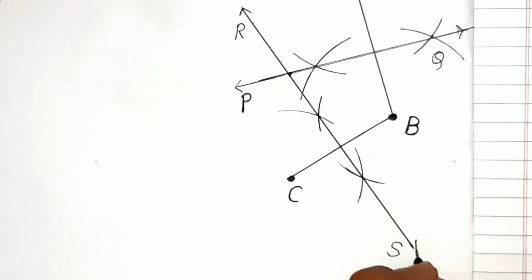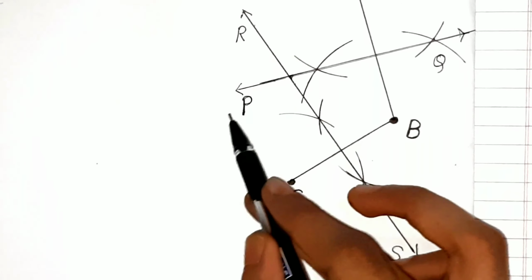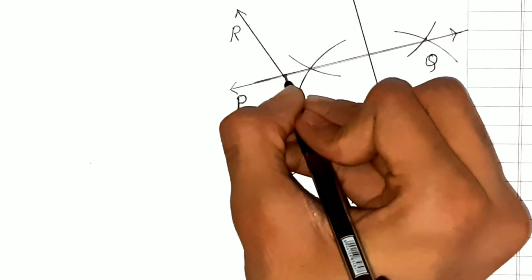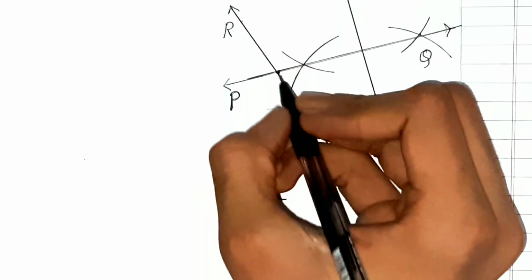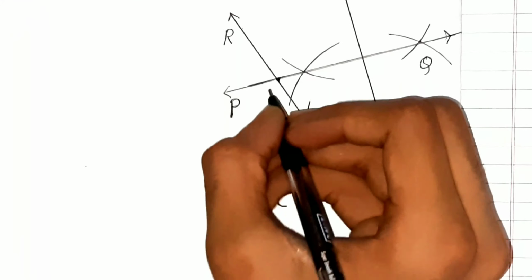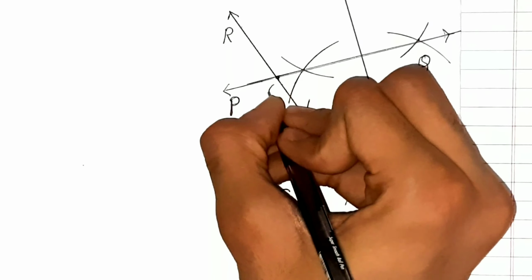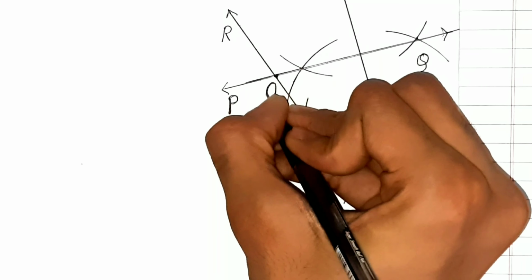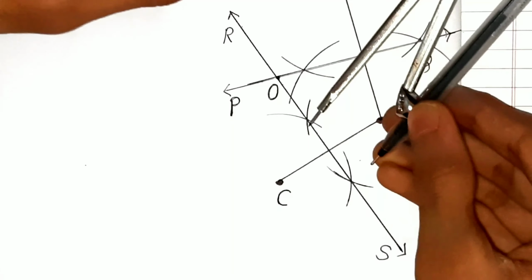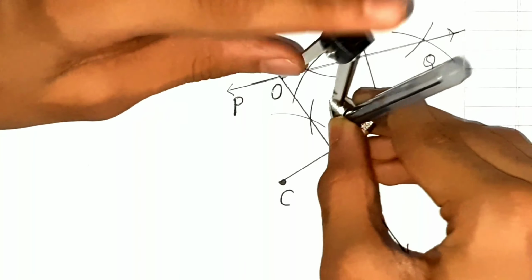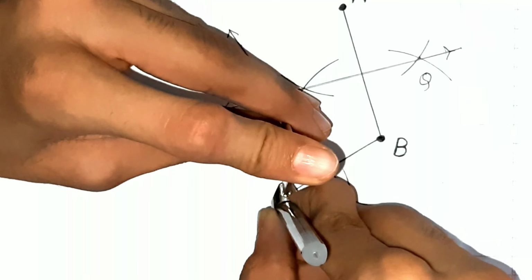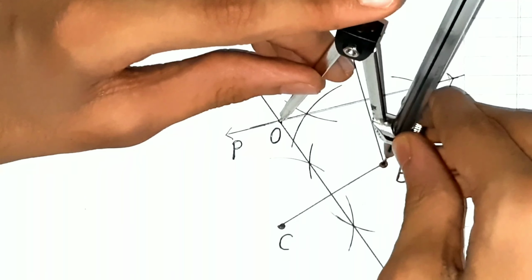Now the point that I show you, where PQ and RS intersect, is our center. That would be our center, and we'll name it O. Now to draw the circle that passes through all the 3 points, we'll take our compass, and the radius should be OC, OB or OA.